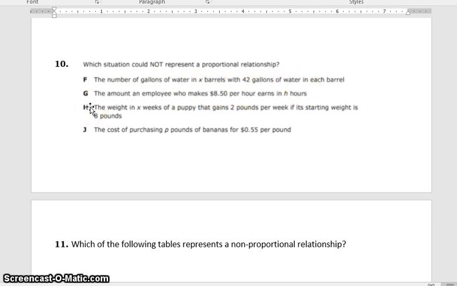H. The weight in x weeks of a puppy that gains 2 pounds per week if its starting weight is 8 pounds. J. The cost of purchasing p pounds of bananas for 55 cents per pound, which is not proportional.